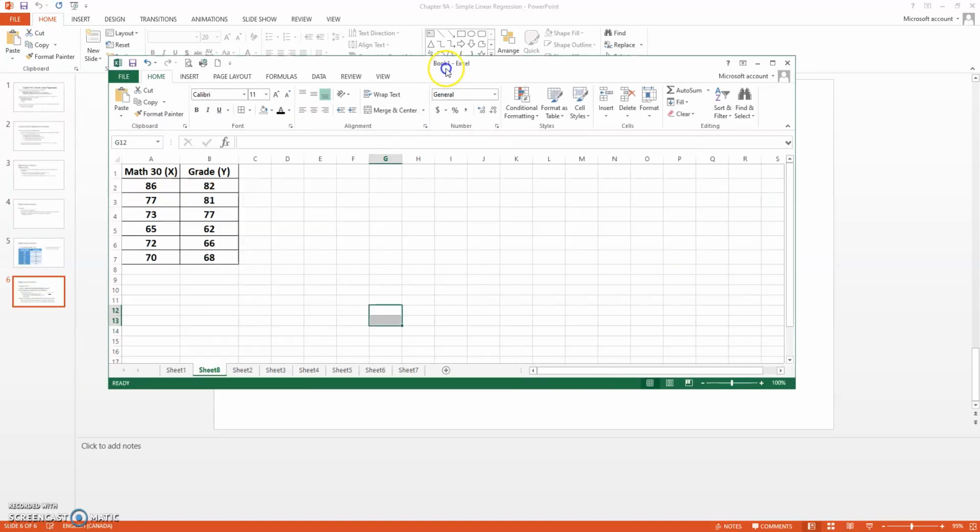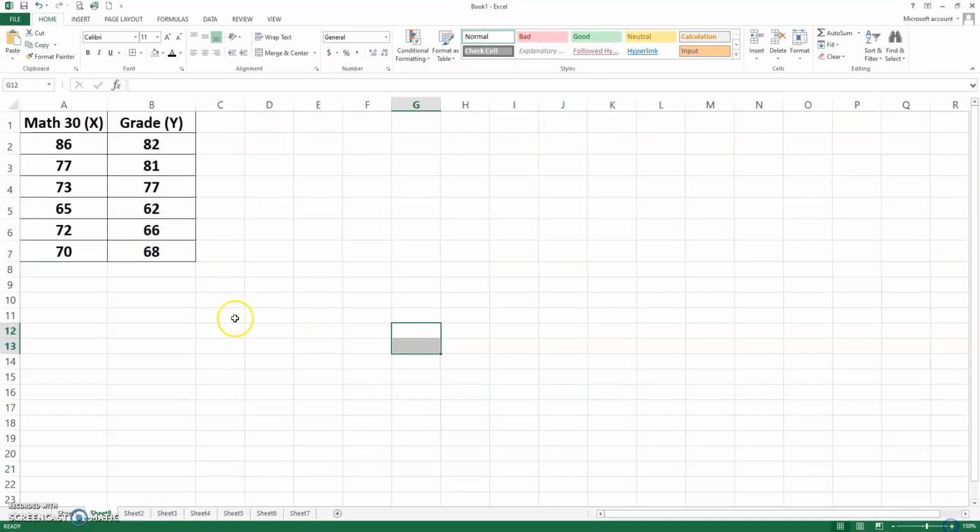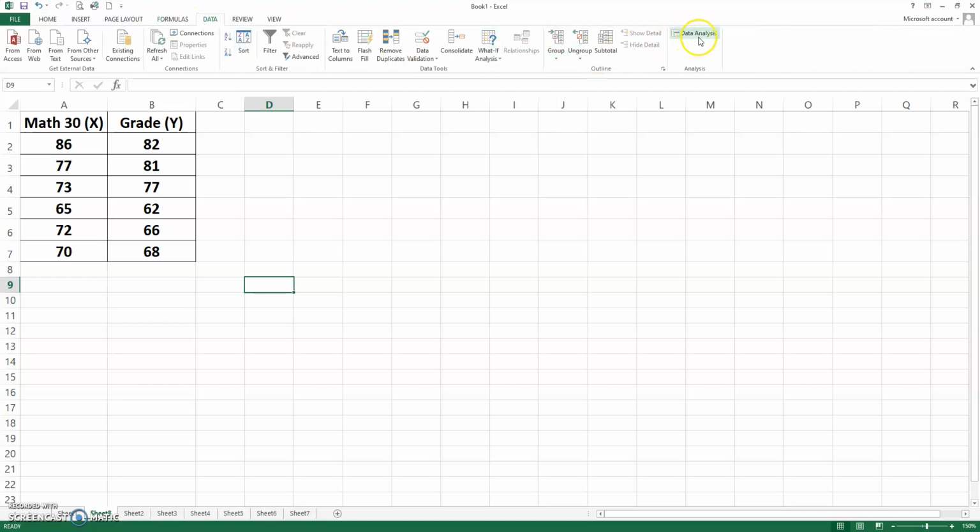I'm going to go into Excel here. We have the data, copied from the PowerPoint, the 6 observations. And what we do to create the output is we go into the Data tab and we use Data Analysis. So I'm just going to do a quick overview of how to find this Data Analysis tab, because it's generally not shown until we add it.